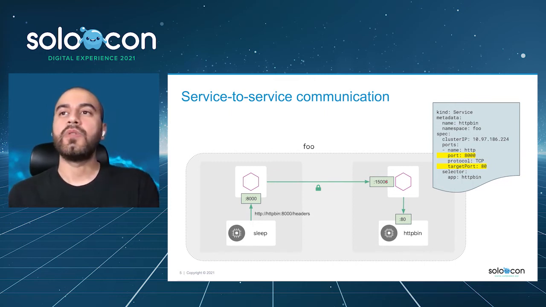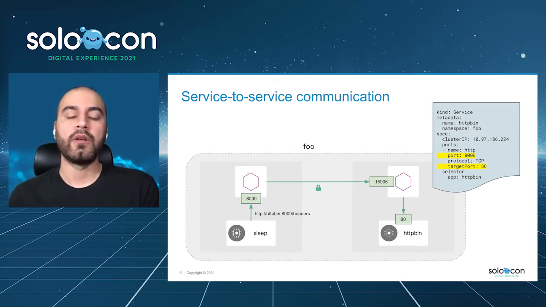This port 15006, we'll get into this in a little bit, but essentially what you need to know is that this is what's called the virtual inbound listener for a given workload. We'll get into the details of how this works, but this piece is what receives the connection from the sleep application.